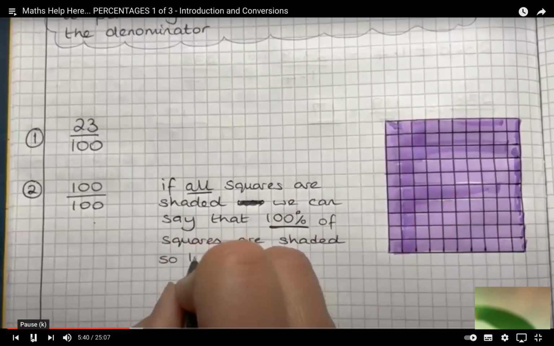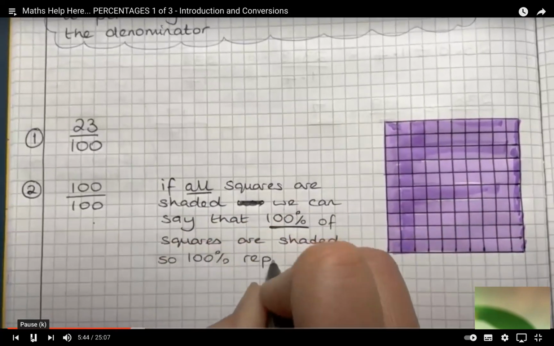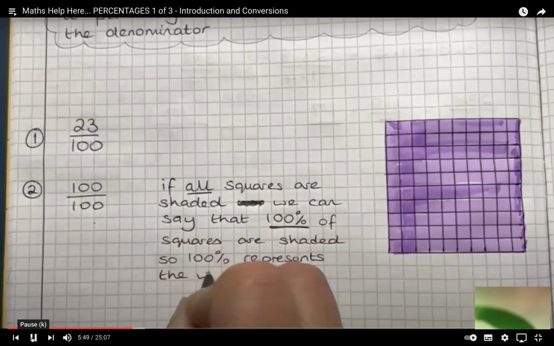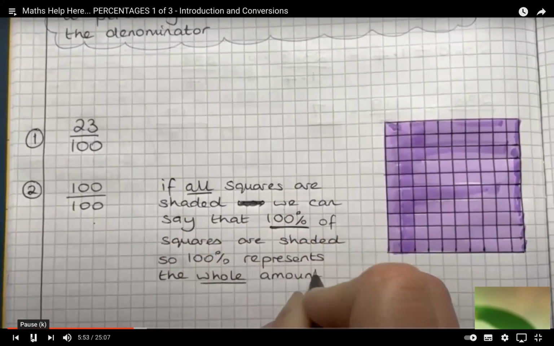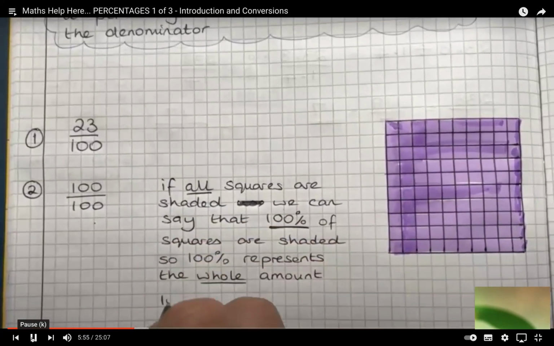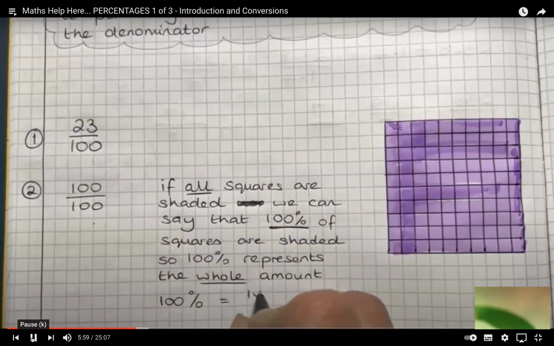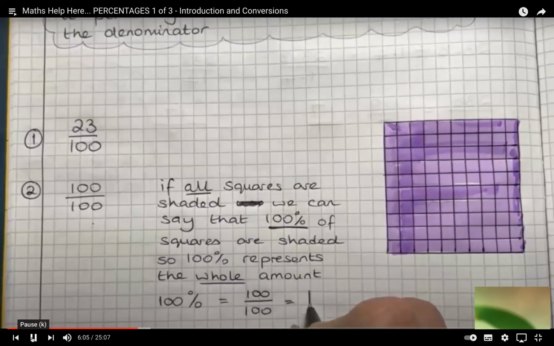So 100% represents the whole amount. And we can write that 100% is my percentage. It's equivalent to 100 over 100 as a fraction, which is 1.